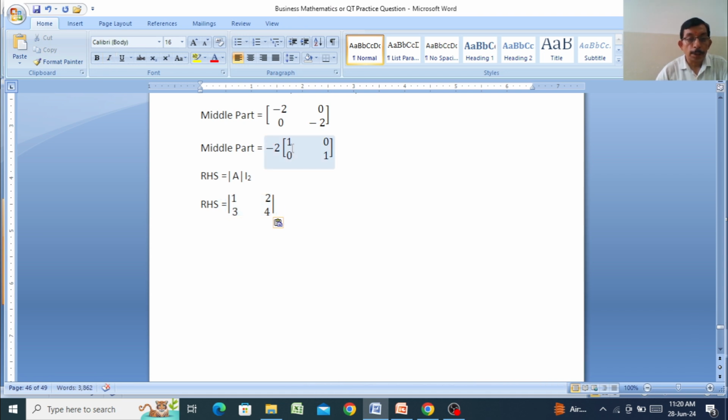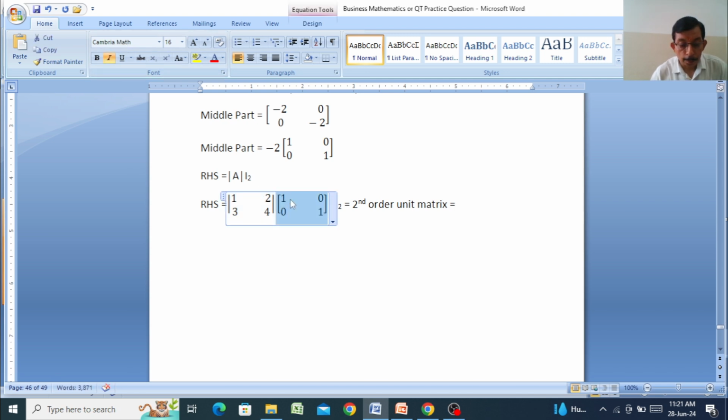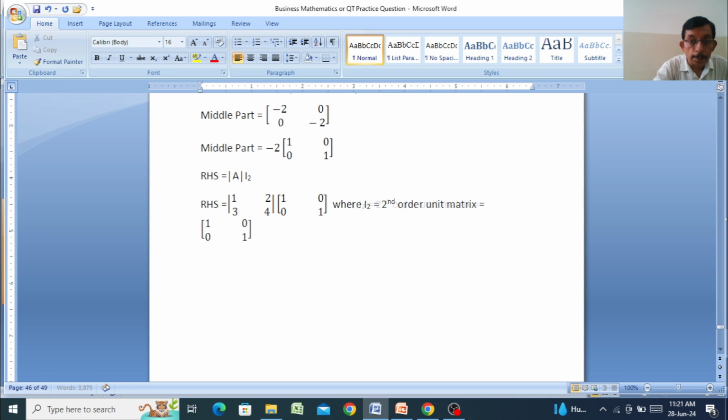The value of the matrix I2 is equal to the second order unit matrix, where I2 is the second order unit matrix.